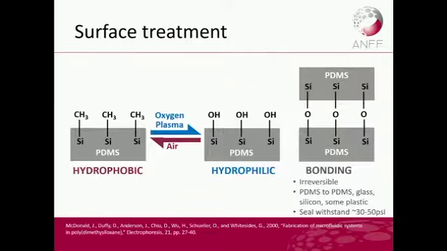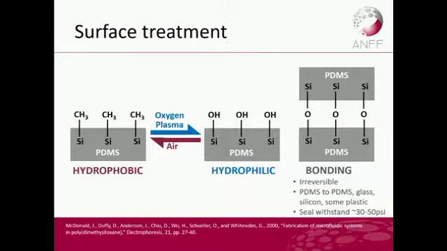And it's soft. Some of the key surface treatments carried out on PDMS, the main one, is oxygen plasma. You put the hydrophobic PDMS into oxygen plasma, and it generates a silanol surface to then react with other surfaces like other PDMS or glass, silicon, and also some plastics.